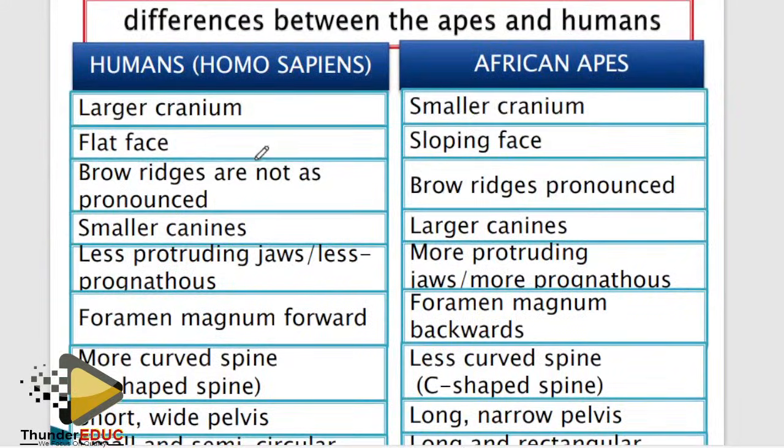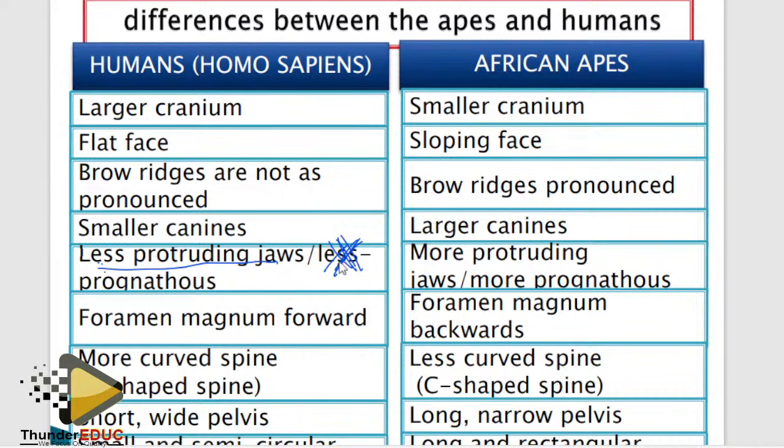There's something I need to talk about here. Don't say "less prognathus". You can say less protruding jaws, but you don't say the other one, because we updated this after the book was out, so we have to update it next year.